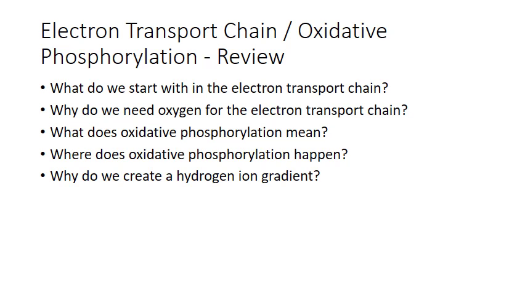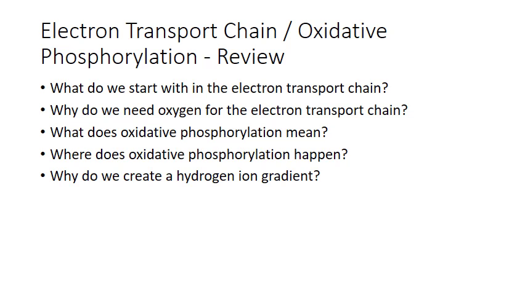What do we start with in the electron transport chain? We start with FADH2 and NADH. Great, exactly. And so what are those molecules again? What are they doing in this whole process? They're high energy. A high energy, exactly. They have high energy electrons put in them. So if you add an electron and they become very high energy, do you think they're very electronegative?